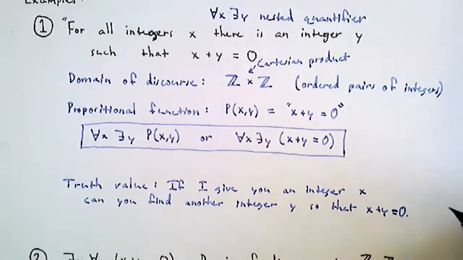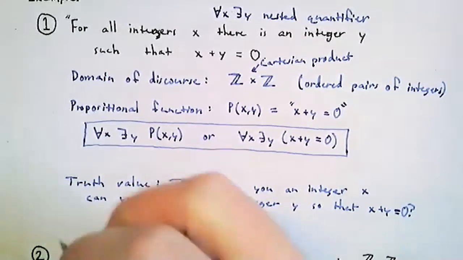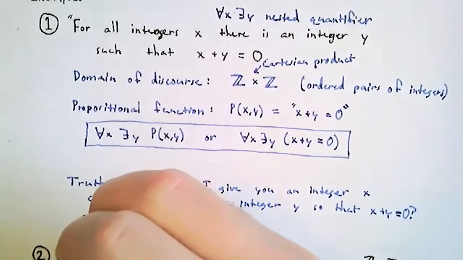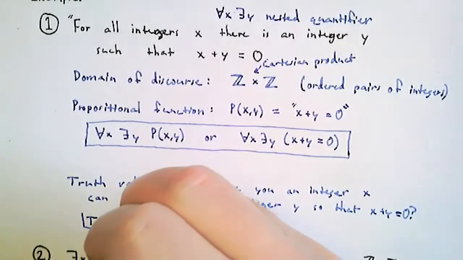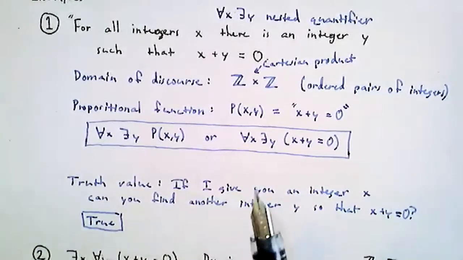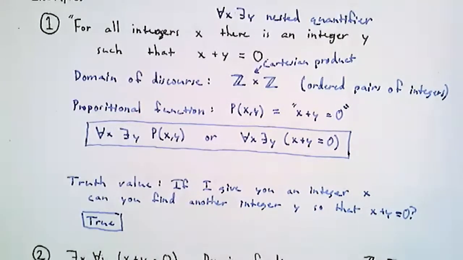And you can even make this question a little bit more concrete. So let's say I gave you the number 5. What would your answer be? What's the integer y? Minus 5. What if I gave you the integer minus 103? What would your answer be for y?